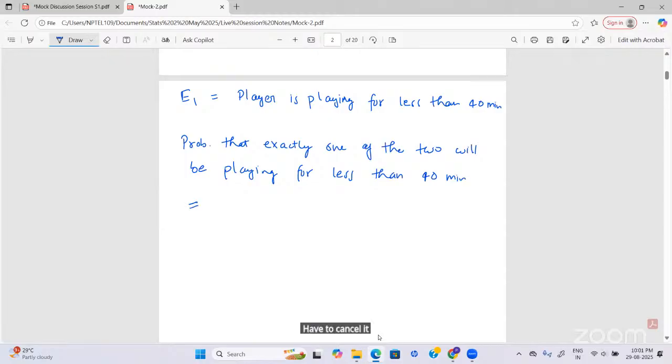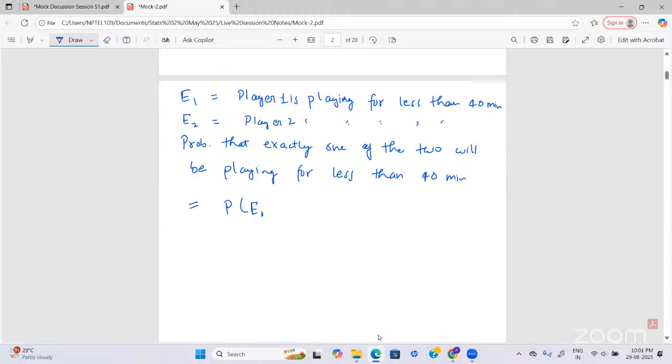So this will be equal to the probability of E1, and I can write this for player 1 and this for player 2.